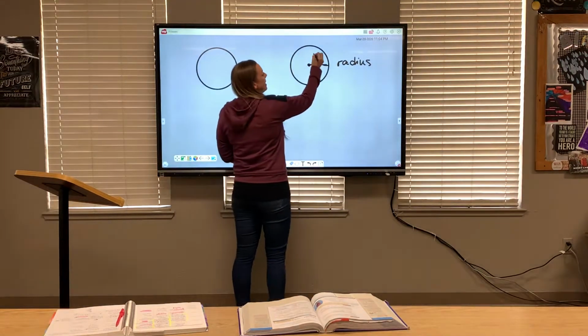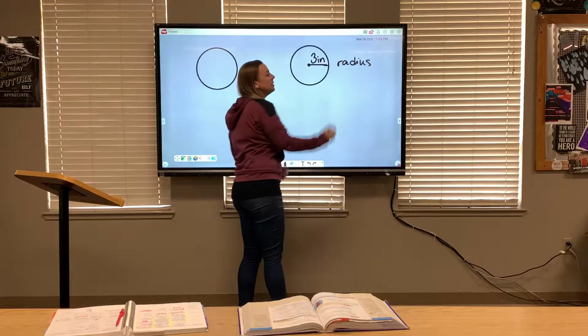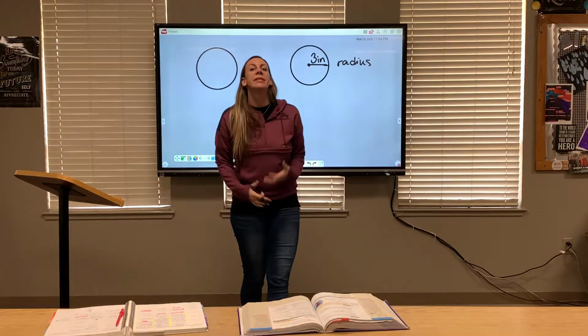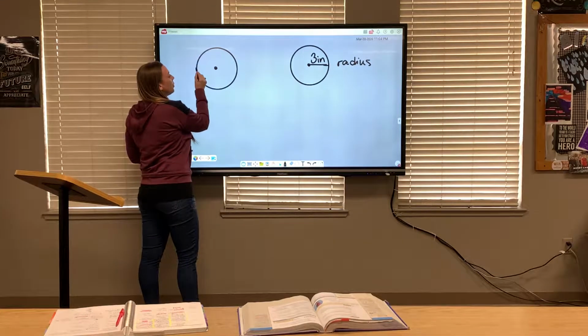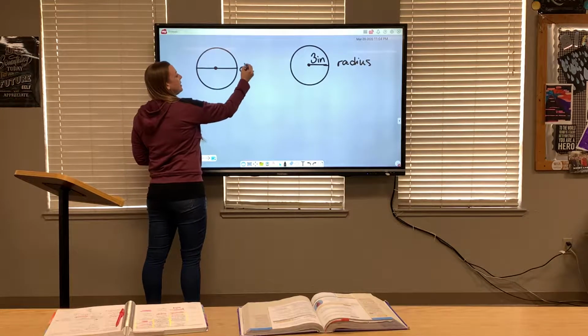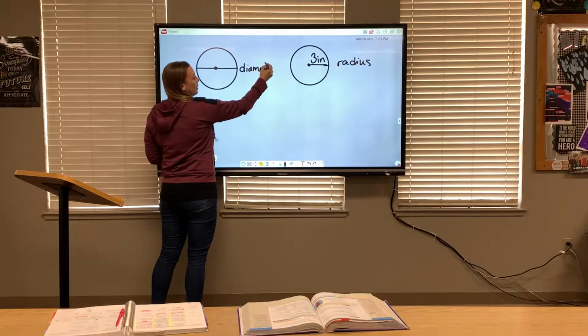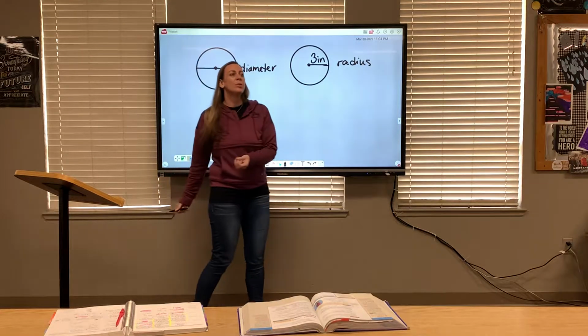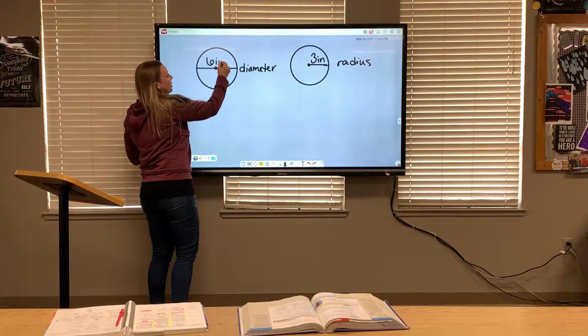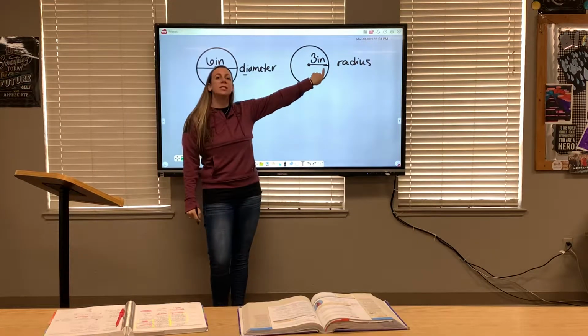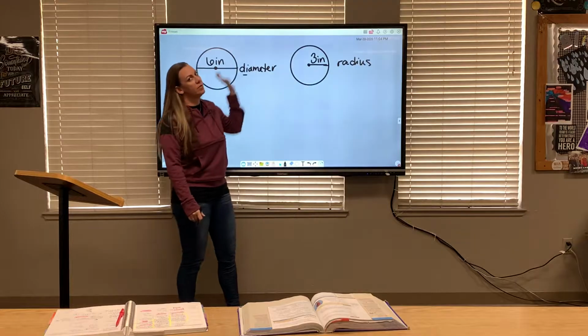So if your radius is 3 inches, how do I find the diameter? The diameter is the whole distance across, through the center, edge to edge. If my radius is 3 inches, my diameter is 6 inches. The diameter is twice the radius. The radius is half of the diameter.